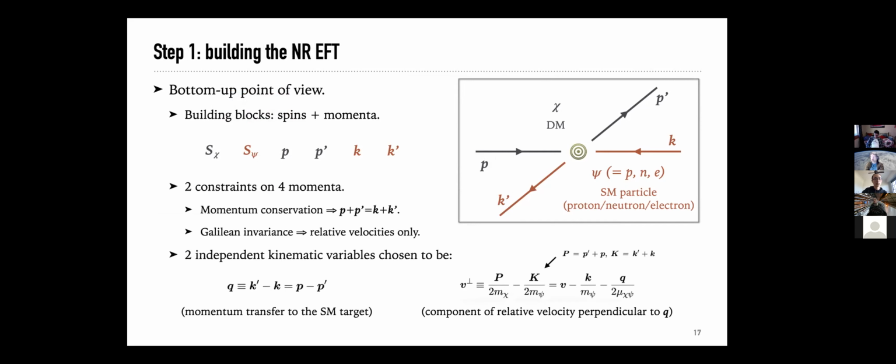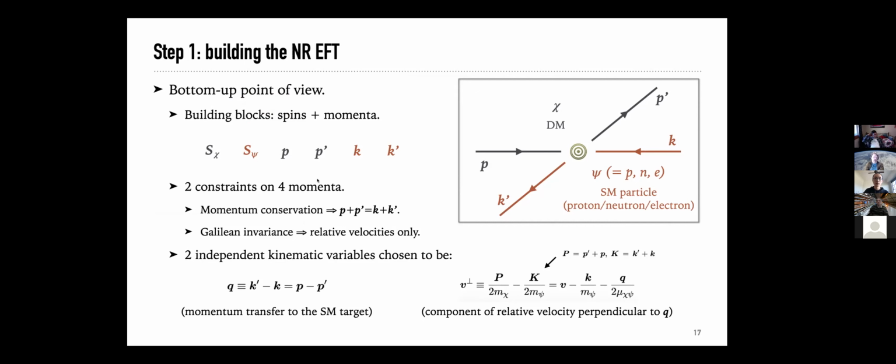There are 2 constraints on these 4 momenta. First, we have momentum conservation, which is obvious, and also Galilean invariance, which the effective operators must respect, means that the operators would only involve the relative velocities, but not the absolute velocities.